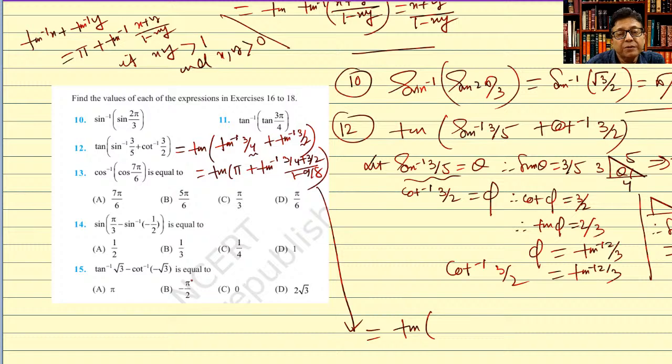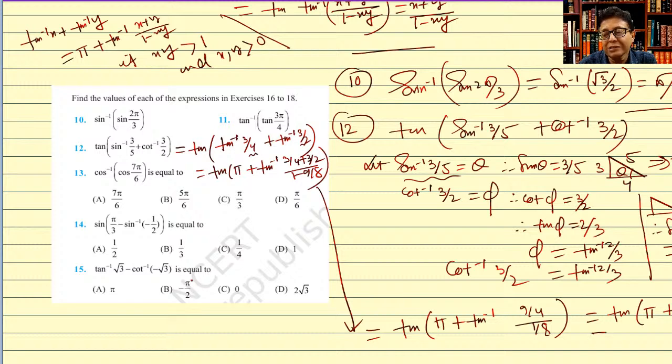So this thing changes to tan of pi plus tan inverse of 9 by 4 by 1 minus 9 by 8, which is tan of pi plus tan inverse of minus 18.